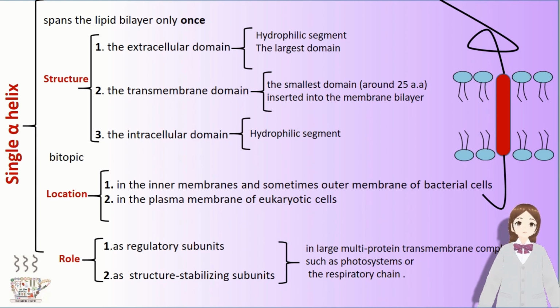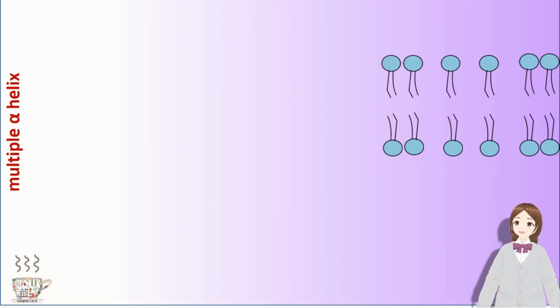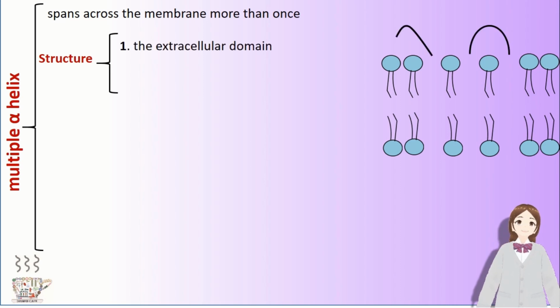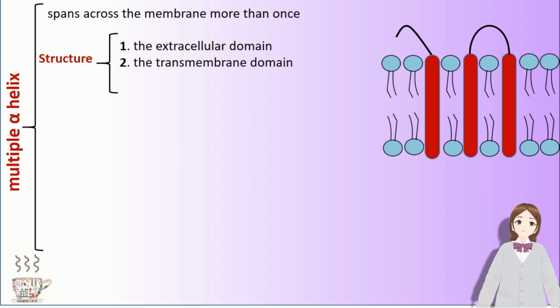Multiple alpha helix or multipass membrane protein is a transmembrane protein that spans across the membrane more than once. It has three domains in its structure: the extramembrane domain or ECD, the transmembrane domain, and the intracellular domain or ICD.